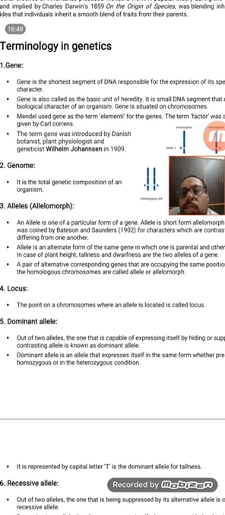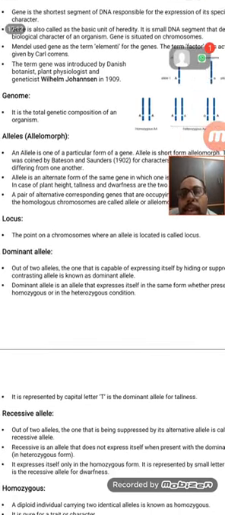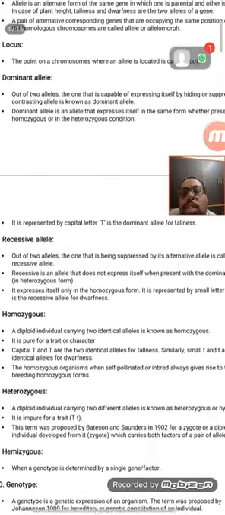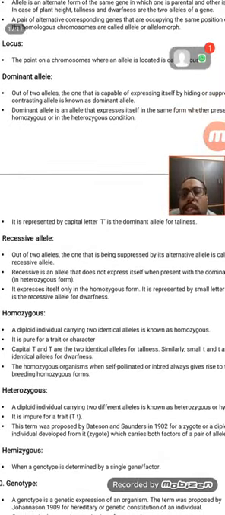If my father is very tall and my mother is also very tall, there is a chance that I get both from the parental side as TT, which is homozygous, and I will be tall. That is Mendel's consideration. The allele that is expressing is known as the dominant allele, and the one that is not expressed is known as the recessive allele.